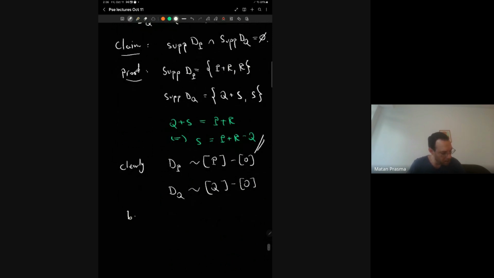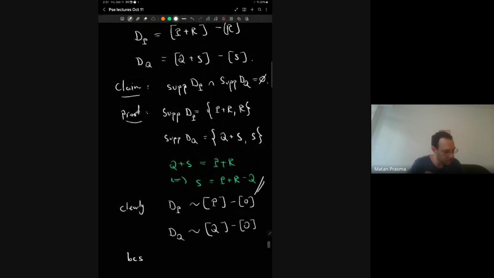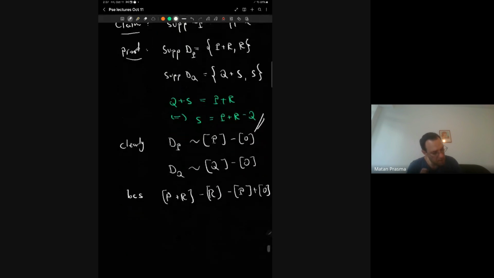Because, for example, for the d_P case, d_P is P plus R minus R, and I subtract from that P minus O. Then I get a divisor that has degree and sum 0.